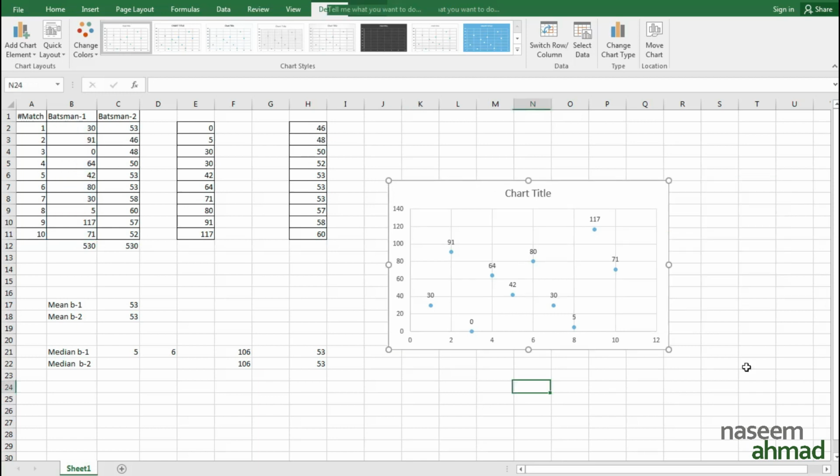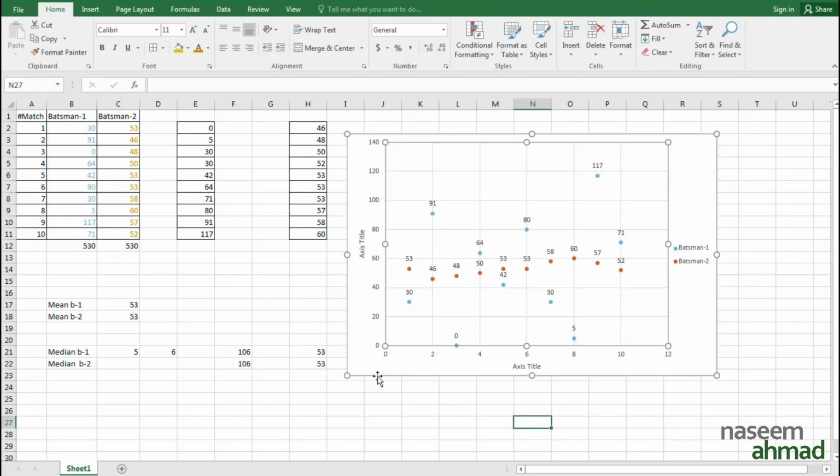So on the y axis we have the range of the data set. If we specifically talk about the runs scored by batsman 1, the range starts from 0, meaning the minimum run scored by batsman 1 is 0, which is here, and the maximum run scored by batsman 1 is 117, which is here. So the range is quite large for batsman 1.